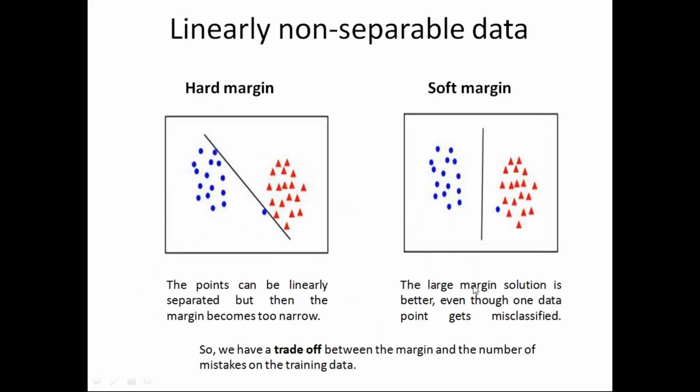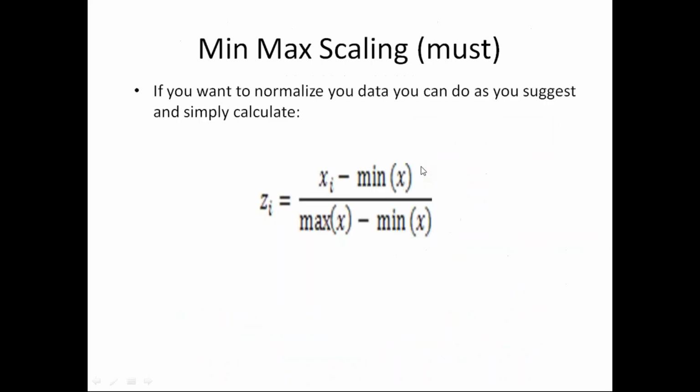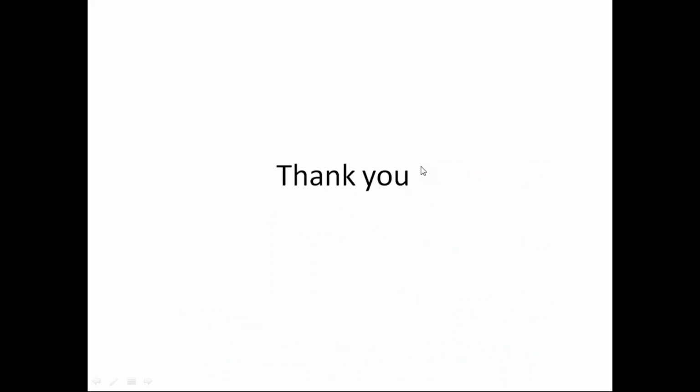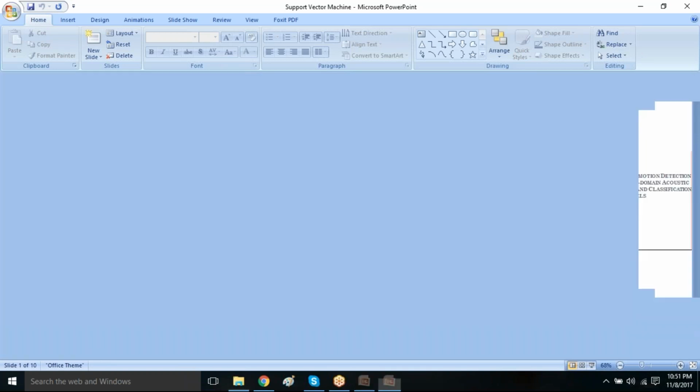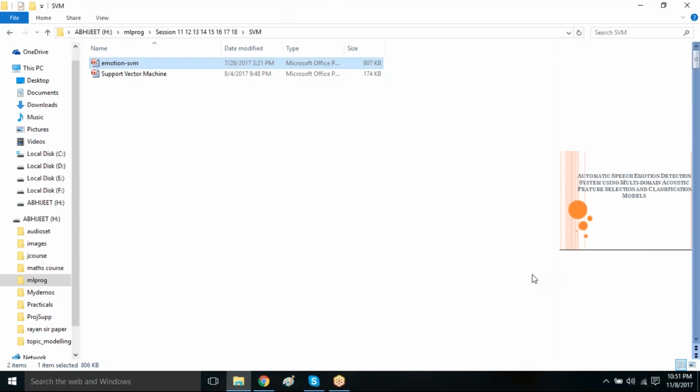You have to choose whether to go for a large margin where you can handle a few misclassifications, or go strict, where even if you have a small margin, it's fine as long as your training data classification is 100%. Which of these ways we have to go is an important concept. Then the kernel trick, and scaling is a must. These are the few things you should keep in mind while applying SVM.